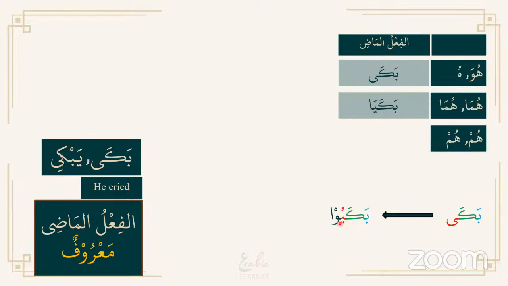So baka yu. But the rule is with naqis: when harfu illat, either ya or waw, is occupying the lam position, when it comes to hum, then you drop the lam kalima.